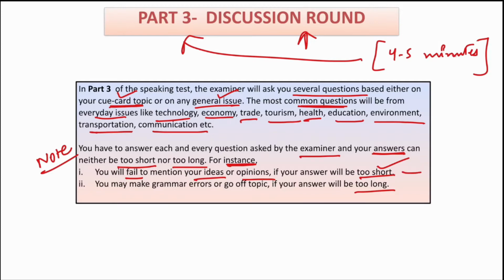And if it is too long, you will end up making more grammatical errors, or you can go off topic as well. So it's better to speak for approximately 40 to 45 seconds per question. I think that's enough to answer a particular question.